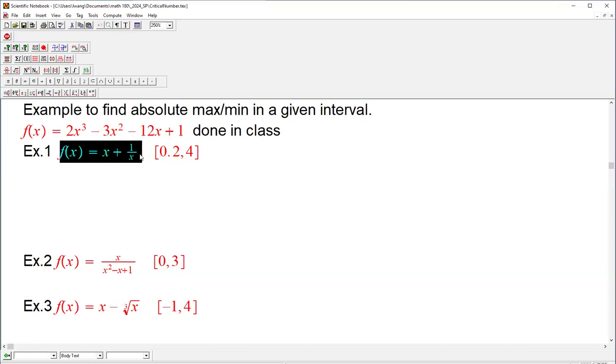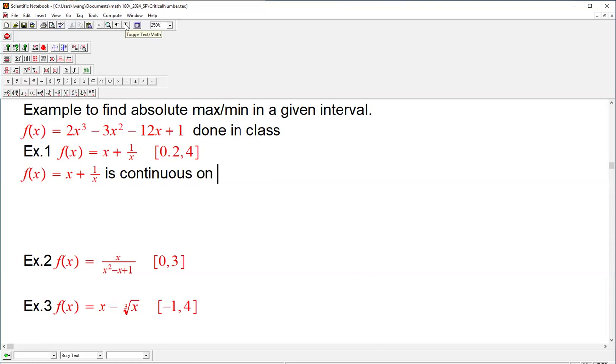Therefore, the function is continuous on the closed interval. So according to the extreme value theorem, the absolute max and absolute min both exist. So our job is to find them.